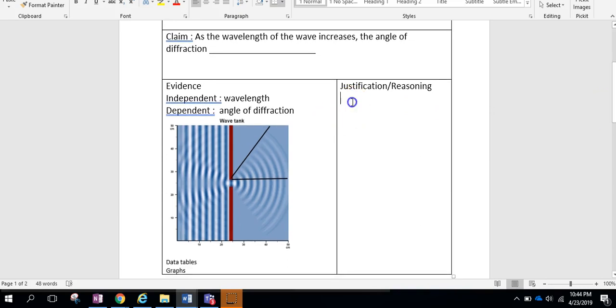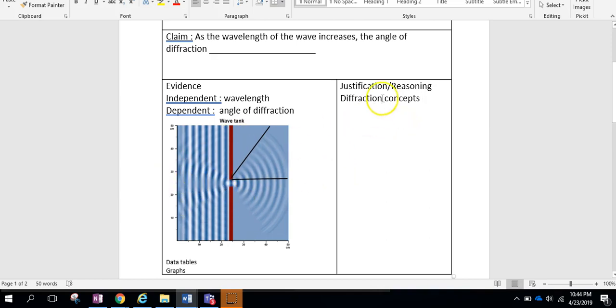So you want to go back to your science concepts of diffraction and see if you studied any relationship between the angle of diffraction and the wavelength. If you did, use that equation and mathematically calculate the angle of diffraction. See whether the calculated angle agrees with your measured or estimated angle.